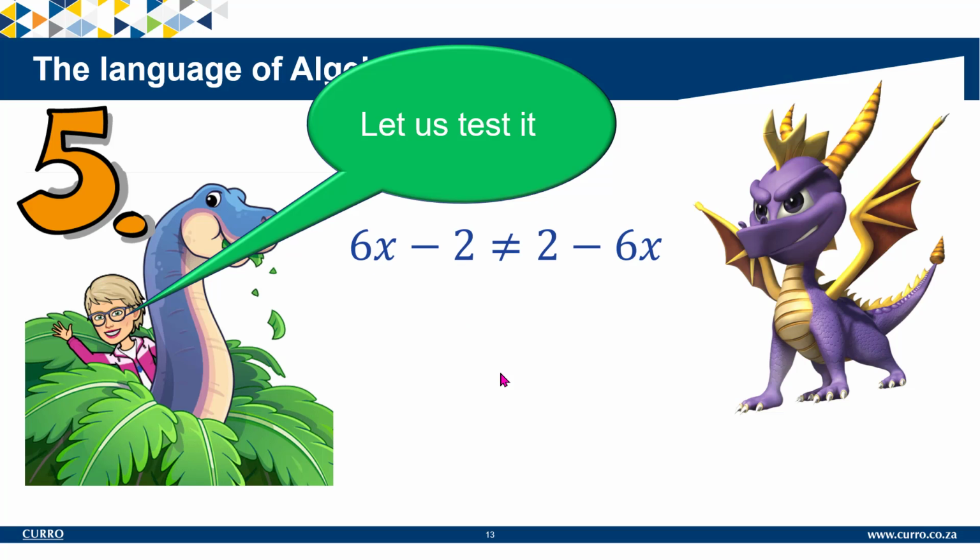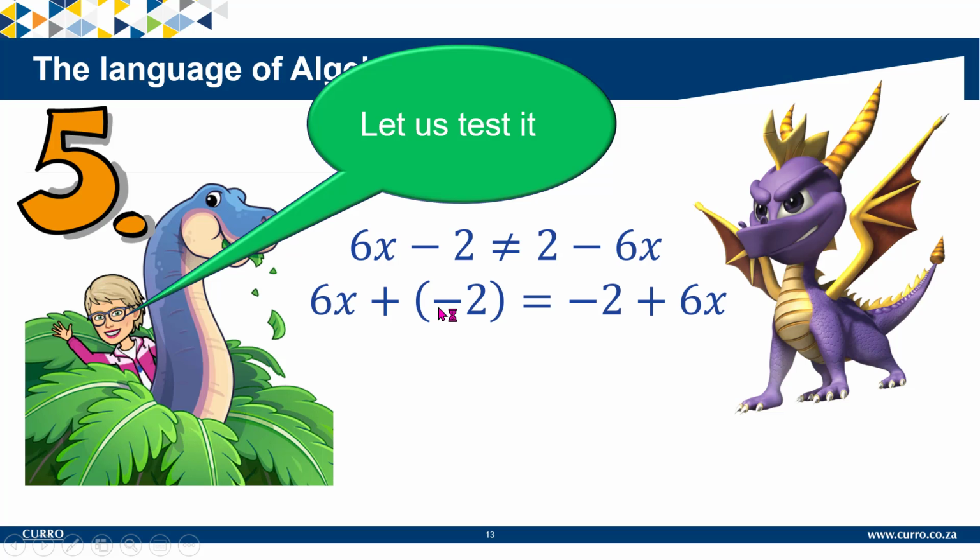Write down example 5. Let's test this one. 6x minus 2 is therefore not equal to 2 minus 6x. However, if you think of this top expression as 6x plus a negative 2, there's a plus, then you can swap them around. Then you can say it's negative 2 plus 6x, but you cannot say it's 2 minus 6x.